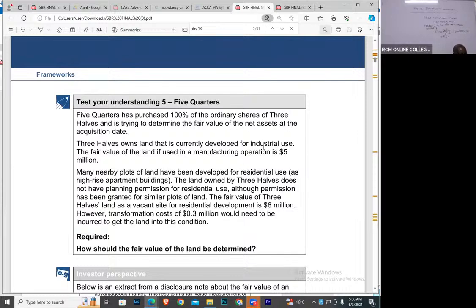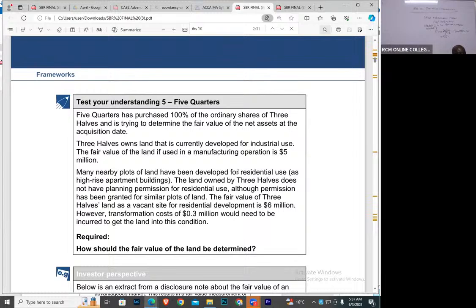The fair value of the land, if used in a manufacturing operation, is 5 million. So one way of using this land to generate cash flows is to put up a manufacturing plant and get 5 million. So currently this land is valued at 5 million.